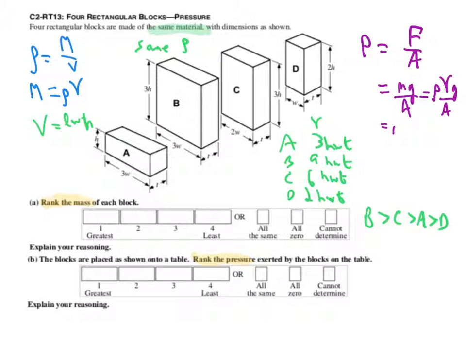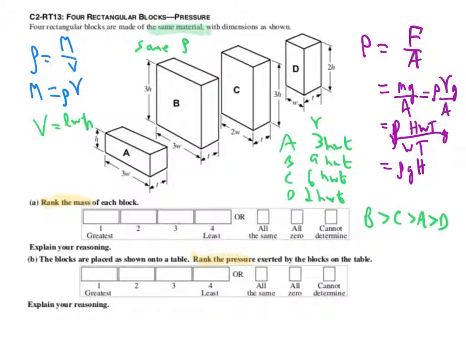And then we can even think of this, so now we have just rho, and the area is height times width times thickness, that's the volume, over the width times the thickness, that's the area. And so in the end, we have rho g times the height of the block.